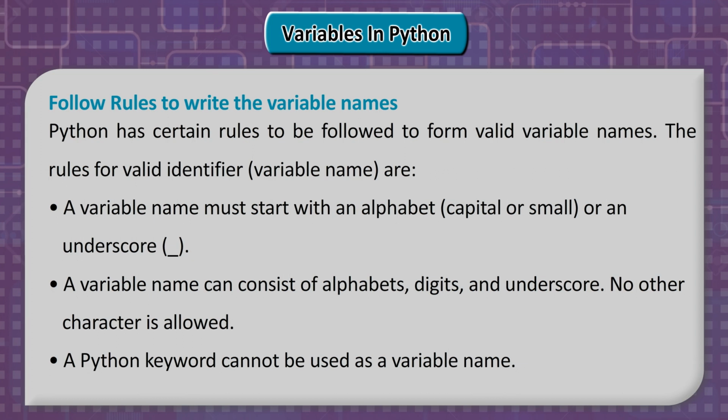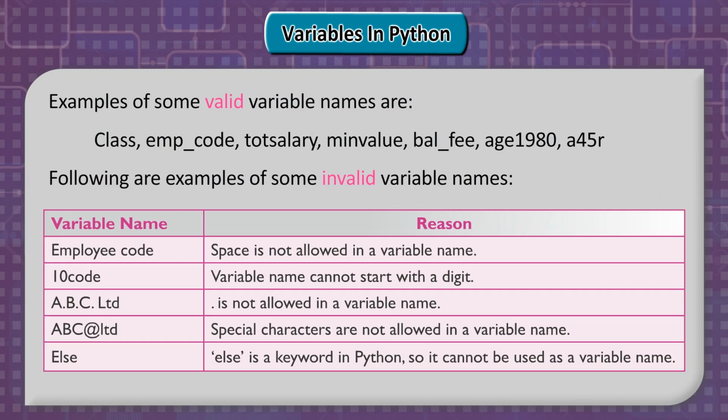No other character is allowed. A Python keyword cannot be used as a variable name. Examples of some valid variable names are class, emp_code, salary, min_value, bal_fee, age1980, a45r.